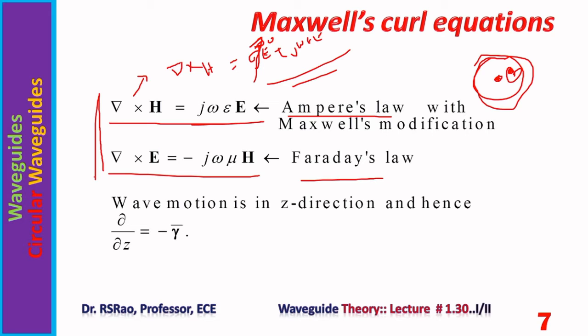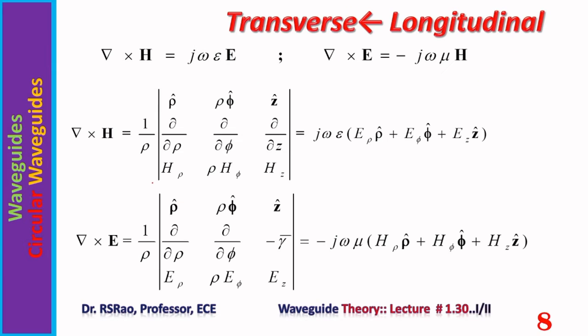While performing the expansion, we include dou by dou z equal to minus gamma bar. As the wave is traveling in the z direction, dou by dou z is equivalent to minus gamma bar. We implement this, and it is shown here. This is the expansion of del cross H equals j omega epsilon E. Note, we are in the cylindrical system, so del cross H is slightly different from del cross H in Cartesian.